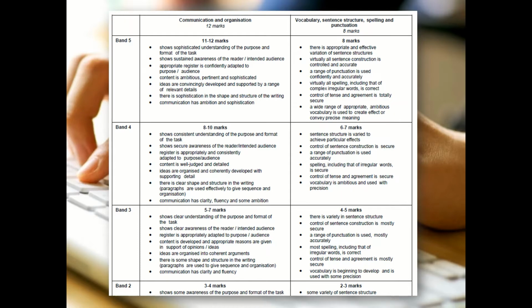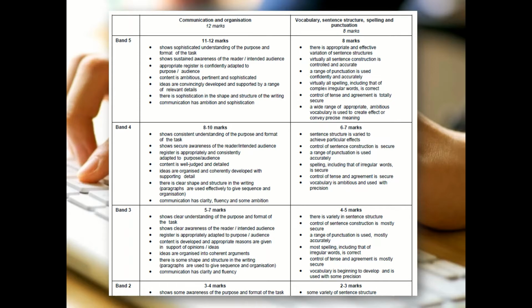As you can see, you want awareness of the task, and the intended audience needs to be there. It needs to be organised and shaped with supporting detail, and it needs to be correct for the purpose of the writing, in this case report writing. On the other side, that's the vocab, sentence structure, spelling and punctuation.